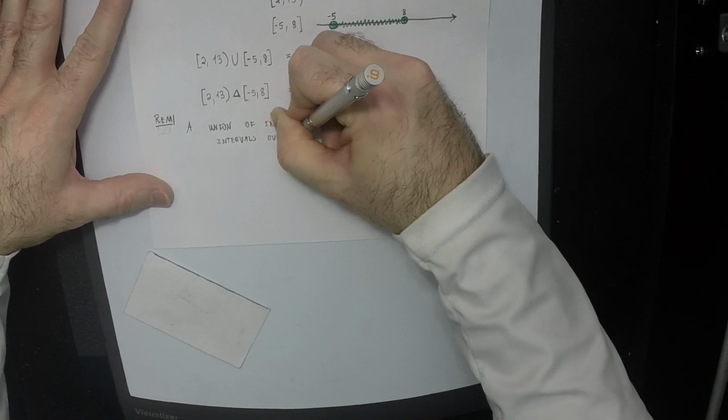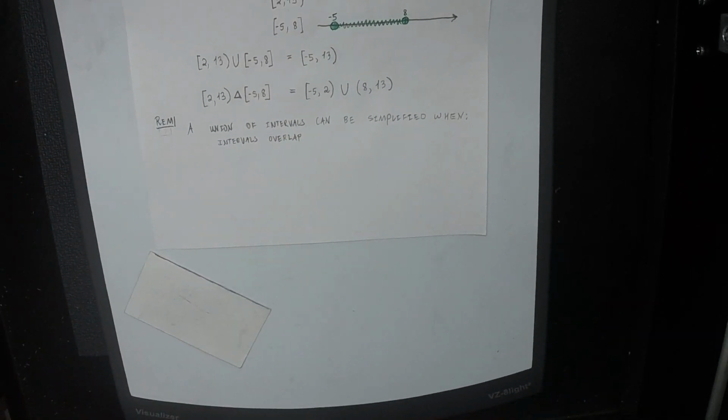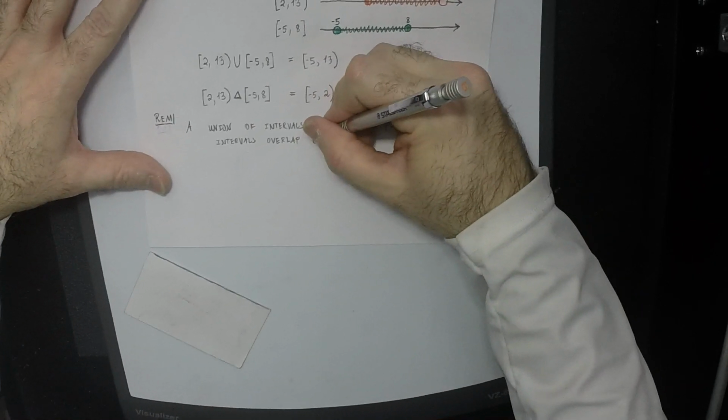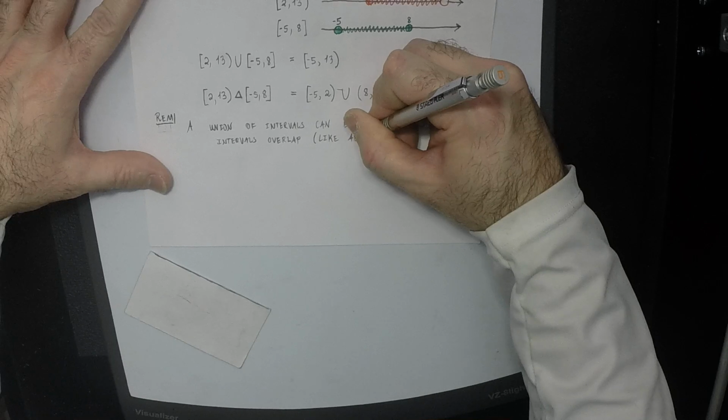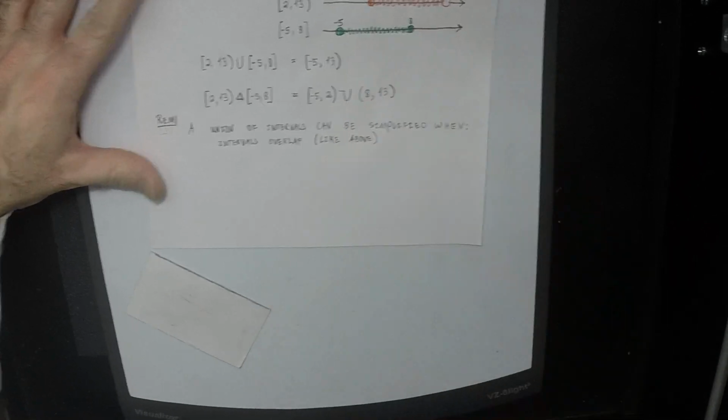Can you think of it? What's another possibility? Well, even if they have one point in common, then they overlap. So by overlap, I mean they have a non-empty intersection.